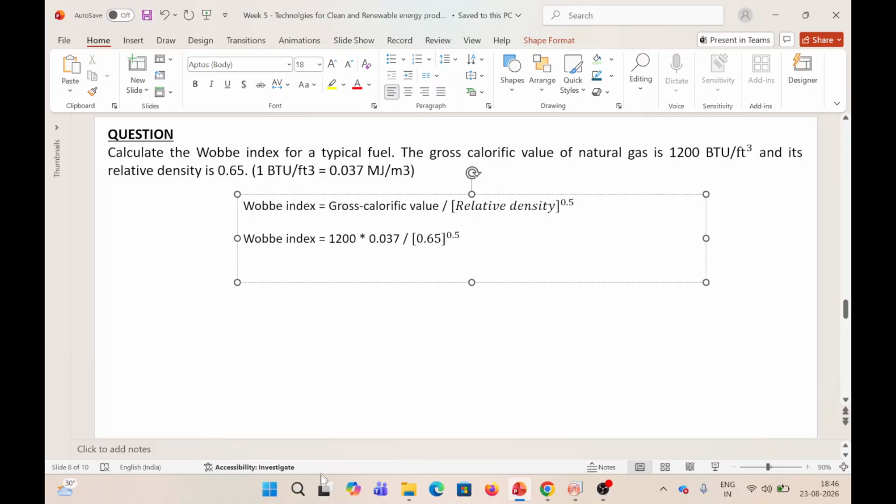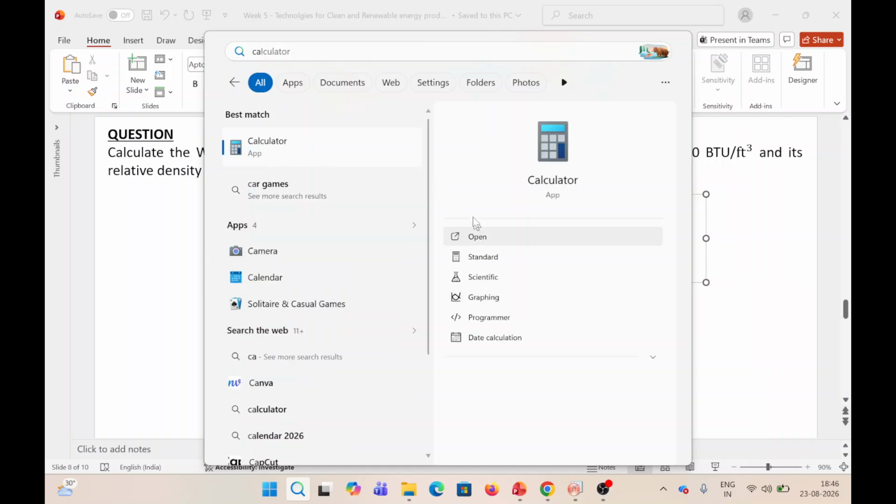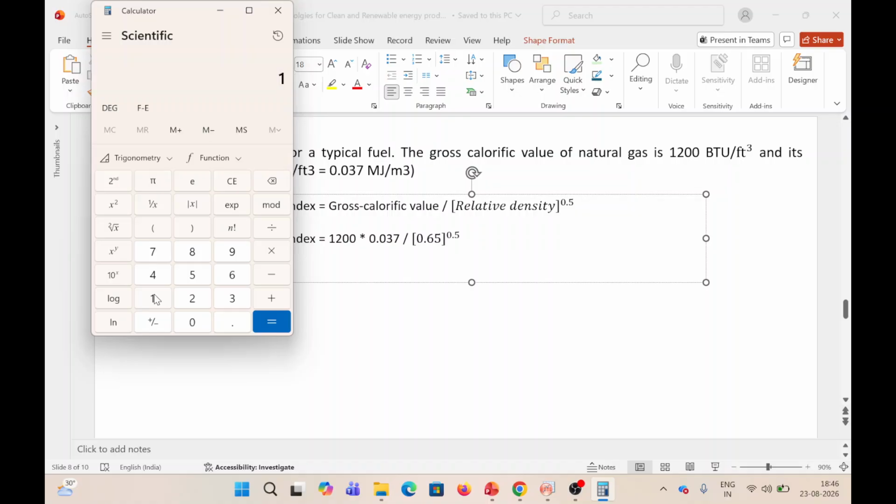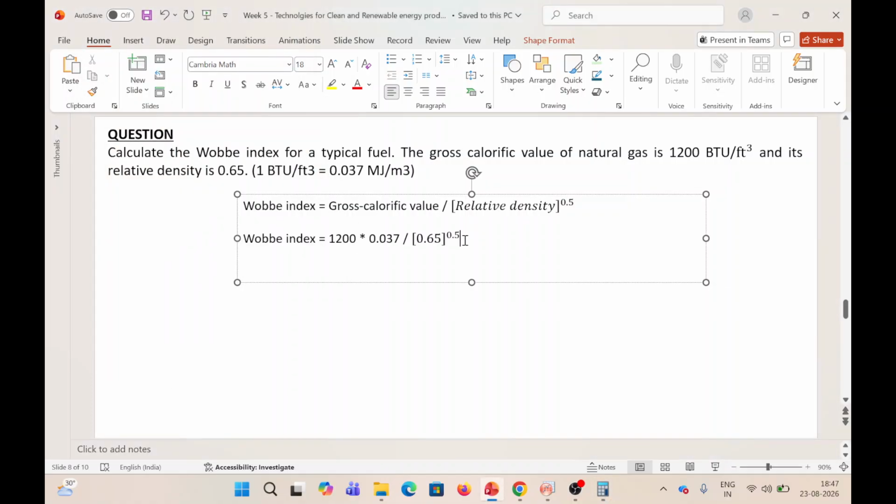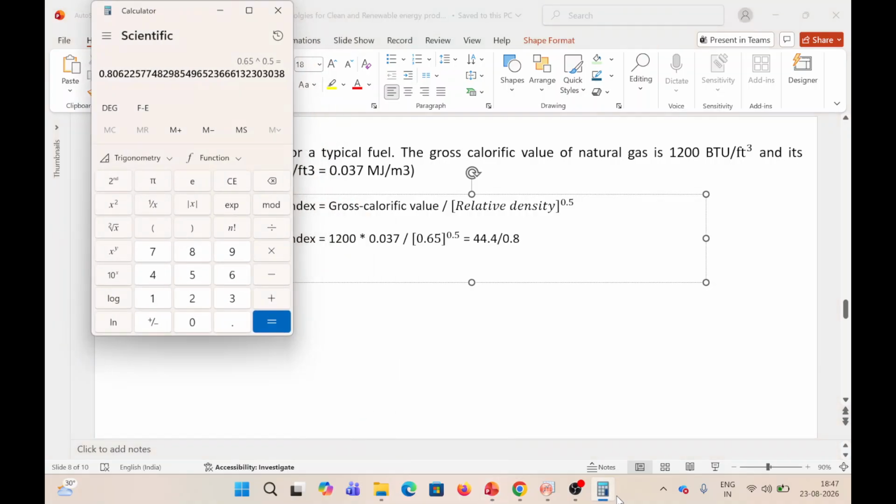Now let me calculate the value. 1200 times 0.037 is 44.4. Just remember this value. 0.65 whole power 0.5 is 0.806. 44.4 divided by 0.806.